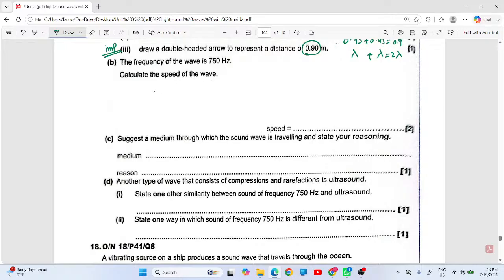Calculate the speed of the wave. v equals f lambda, children. Frequency is given as 750 and lambda is 0.45. Let's check. 750 into 0.45. Sir, 337.5.